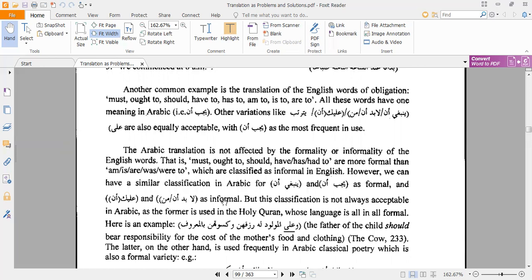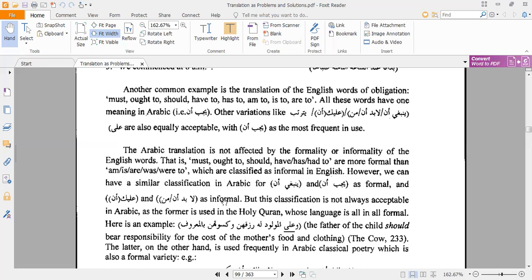Okay, in Arabic, here in English we can divide these obligation expressions into two groups. The formal group, which consists of must, ought to, should, have to, has to, while the second group, which is the informal group, consists of is to or are to.